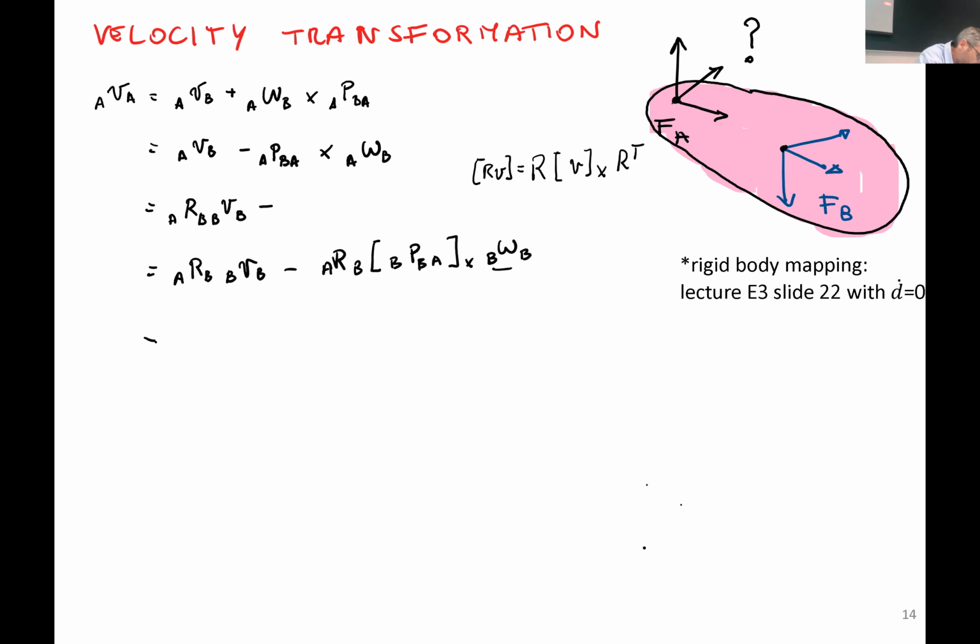And you can collect everything in a matrix that is like this. And you collect the VB.